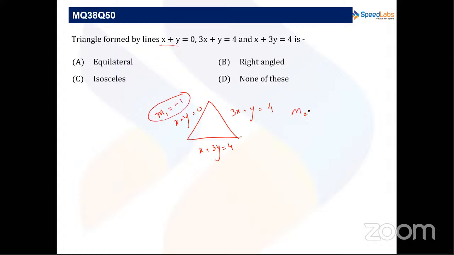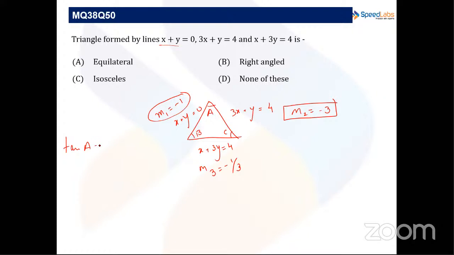For the second, slope m2 will be minus 3. And for the third, slope m3 will be minus 1 by 3. So we can say we are having this angle A, angle B, angle C.